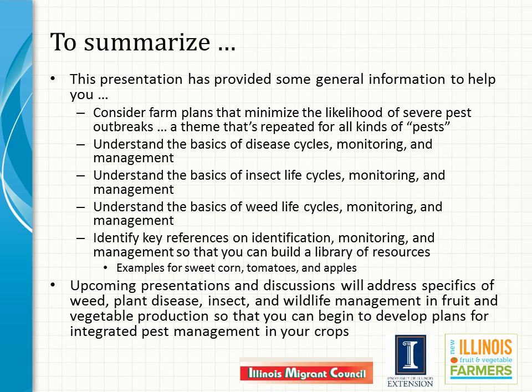And three, identify key references on identification, monitoring, and management so that you can build a library of resources. And I showed you some examples for sweet corn, tomatoes, apples, and cucurbits. Upcoming presentations and discussions will address specifics of weed, plant disease, insect and wildlife management, and fruit and vegetable production, so that you can begin to develop plans for IPM in your crops.